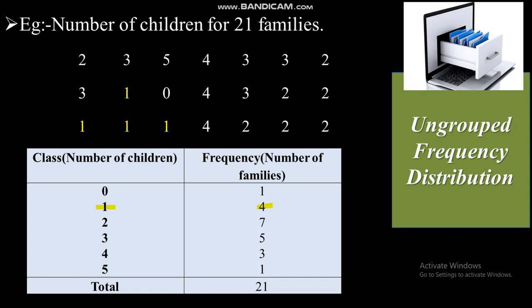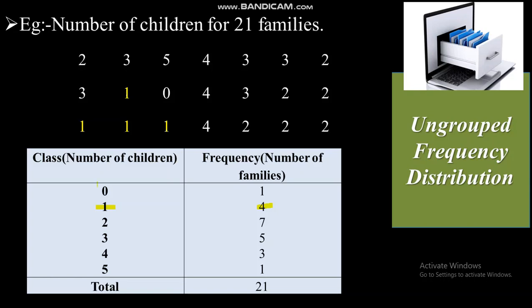How many classes are there for this frequency distribution? There are 6 classes. The value of the first class is 0, and for the second class it is 1. Ungrouped frequency distribution is a frequency distribution for numerical data in which a single value represents a single class.